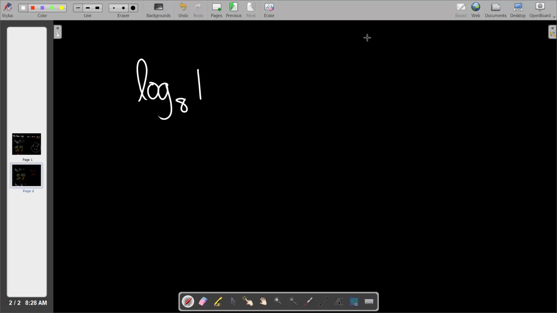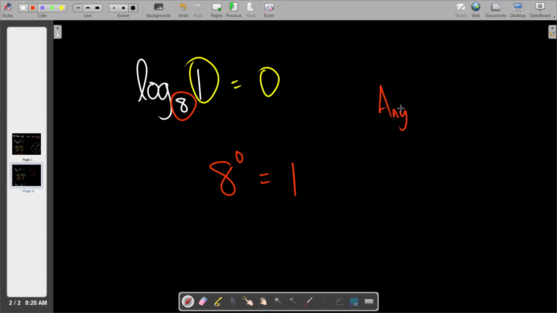Anytime you have a log with an argument of 1, the answer is always 0. And the reason is because the only thing you can raise 8 up to as a power to get it to magically become a 1 is 0. We know from our past that anything raised to the power of 0 will always magically equal 1.